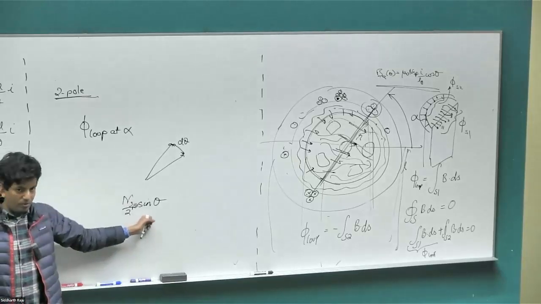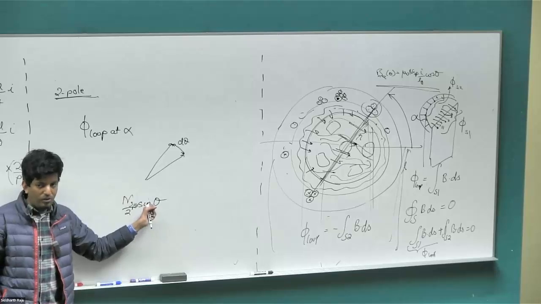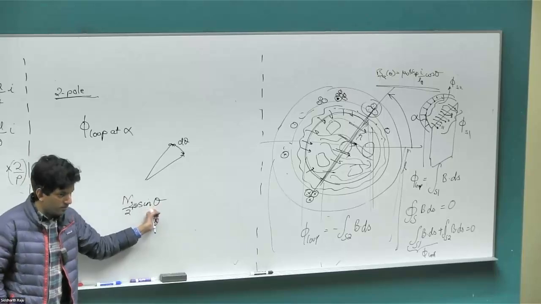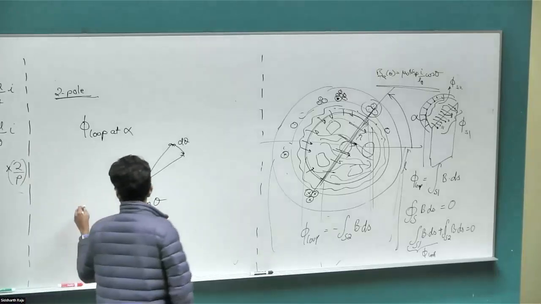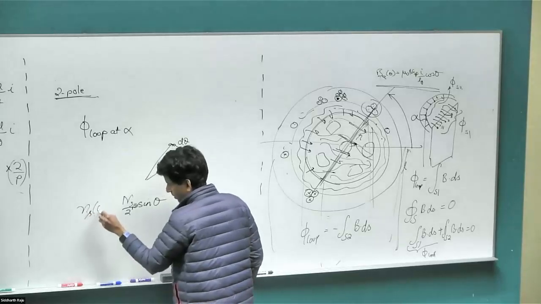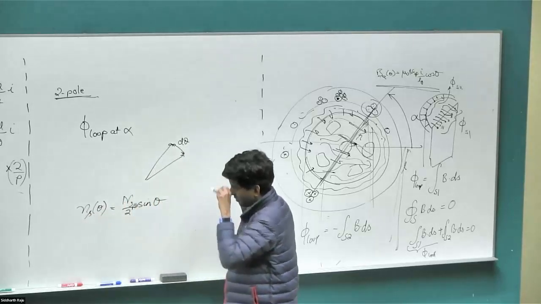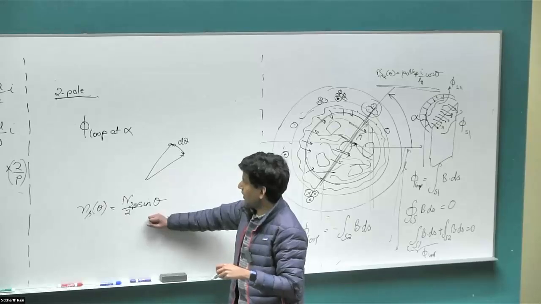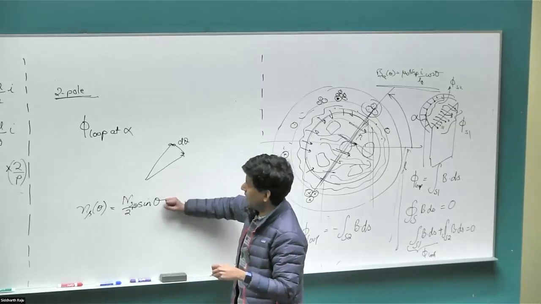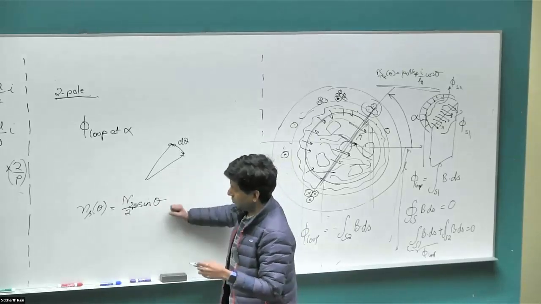Is this the number of conductors or the conductor density distribution? This is the conductor density. So N_S of theta is the number of conductors that needs to be at every single radian, the number of conductors per radian.